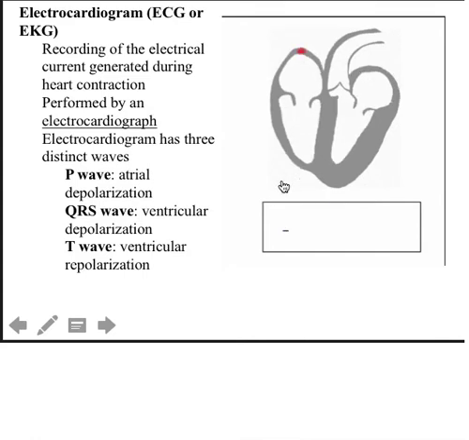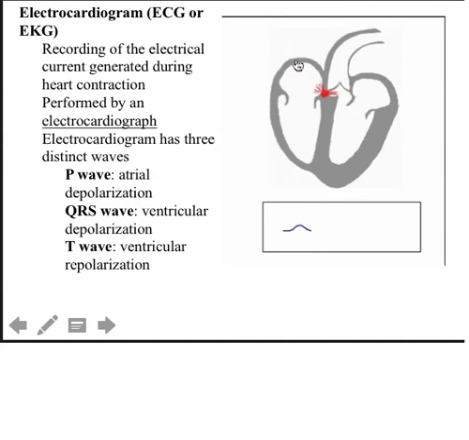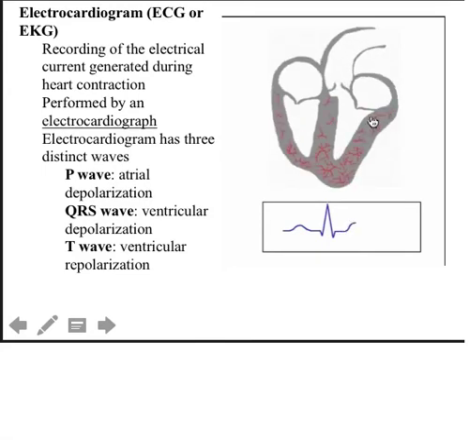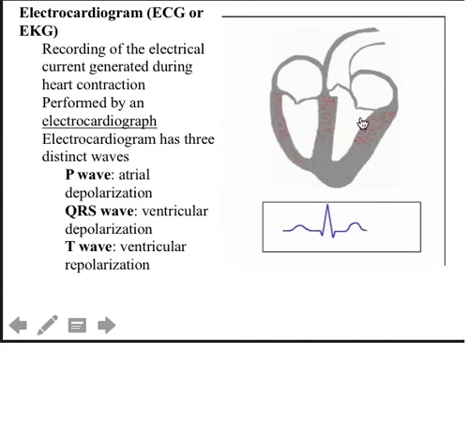Well, let's start it again, okay? And let's look at the heart this time. SA node fires, electrical impulse is captured by the AV node, the atria squeeze. The electrical signal goes down to the apex through the bundle branches, and the Purkinje fibers bring it up through the walls of the ventricles, and then the ventricles squeeze, okay? So let's watch it again.